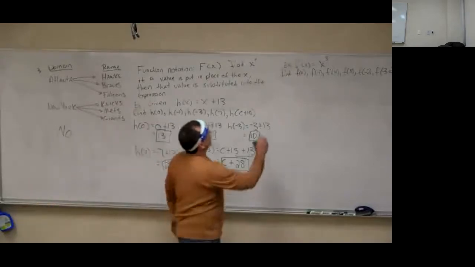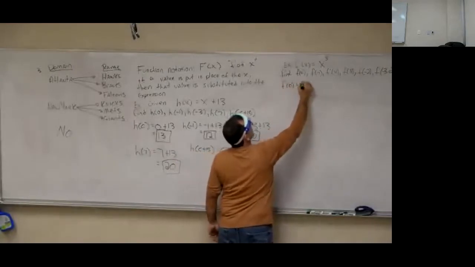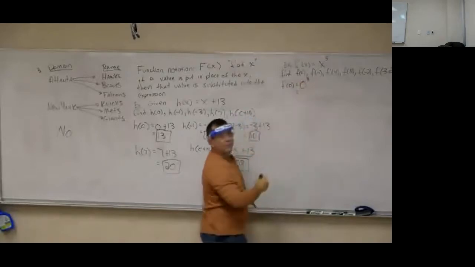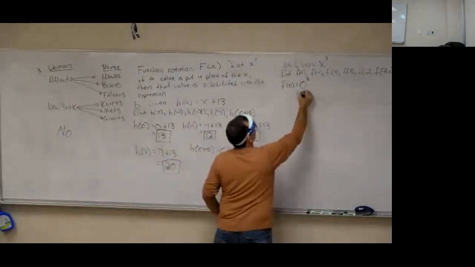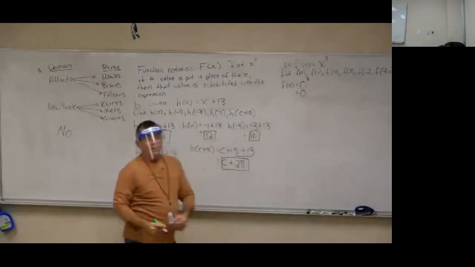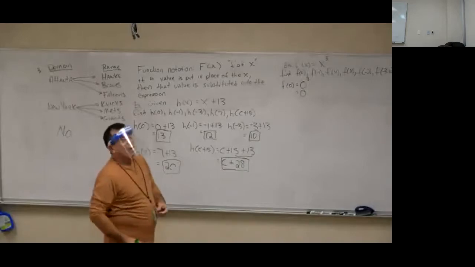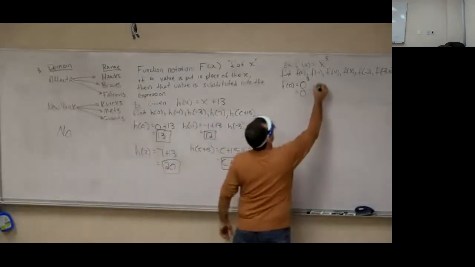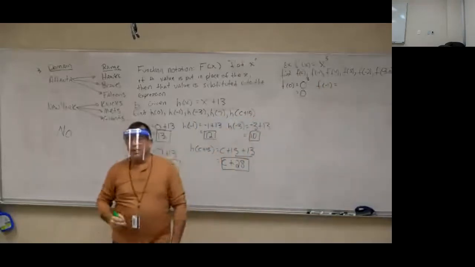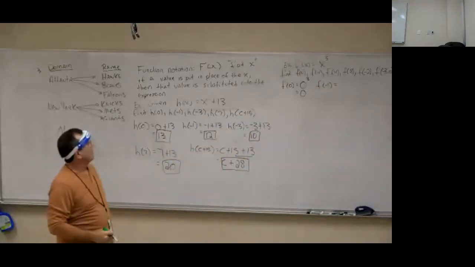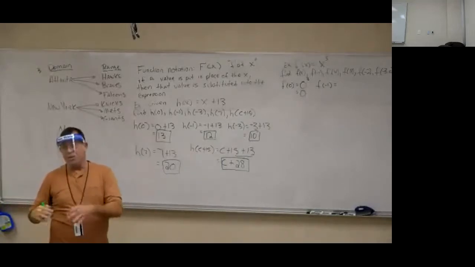So I want to start with my f of 0, which equals 0 to the third power. That's 0, right? Same thing for negative 1. But y'all will say if you raise negative numbers to an odd exponent, you don't have to watch as much.